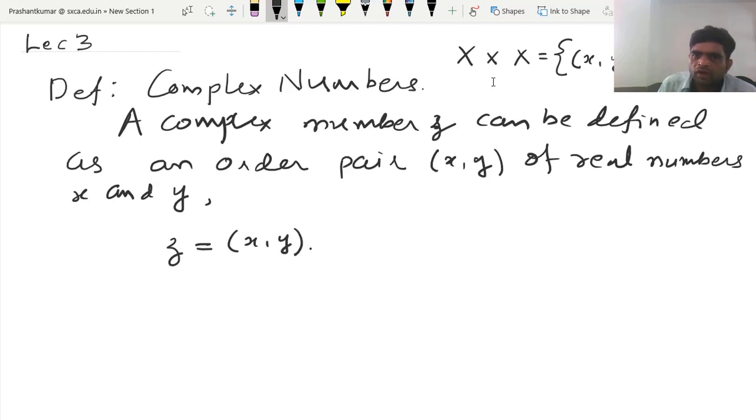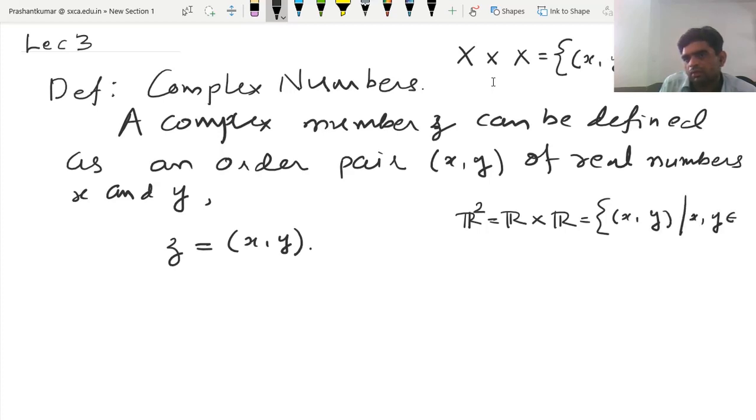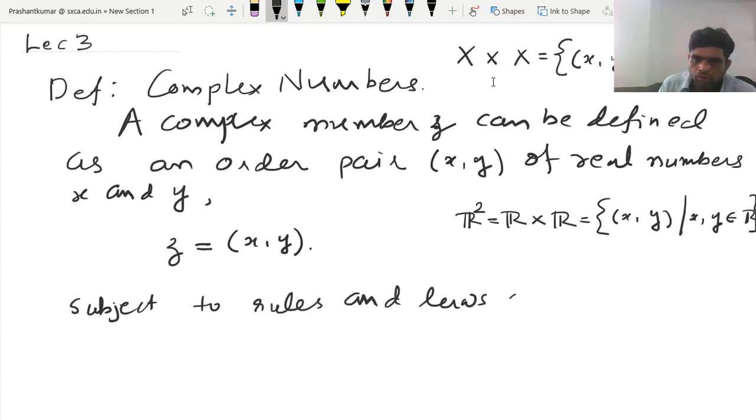So actually what we are trying to say is that it is R squared, which is R cross R, the set of all (x, y) such that x and y belong to R, which are the real numbers. Not only this, but it is subject to conditions, rules and laws of operations to be specified below.